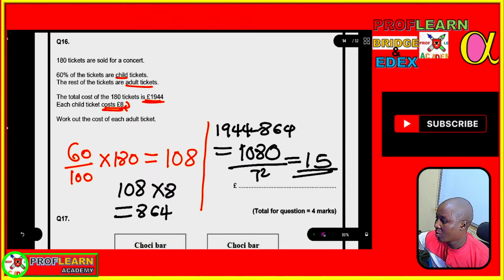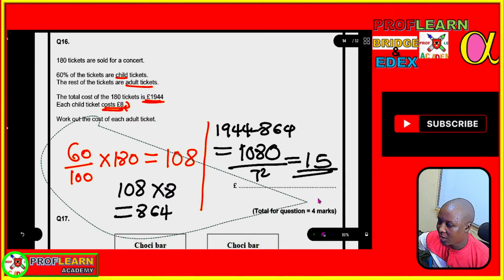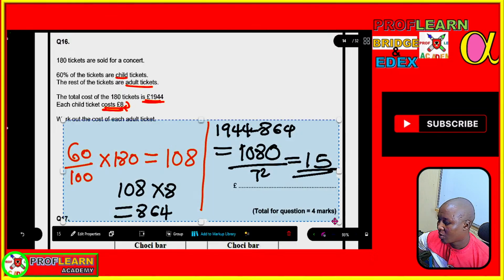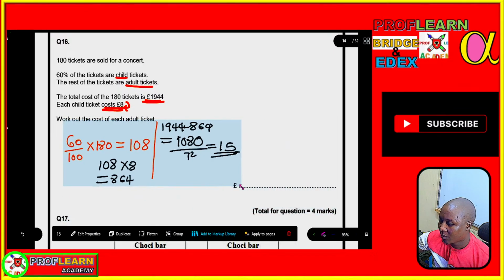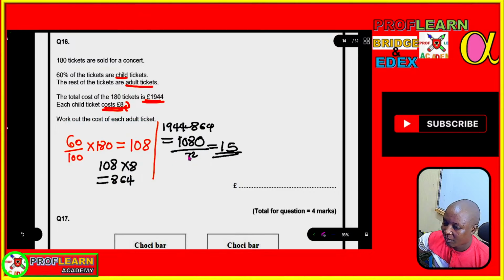So each ticket for the adult is going to cost 15 pounds.